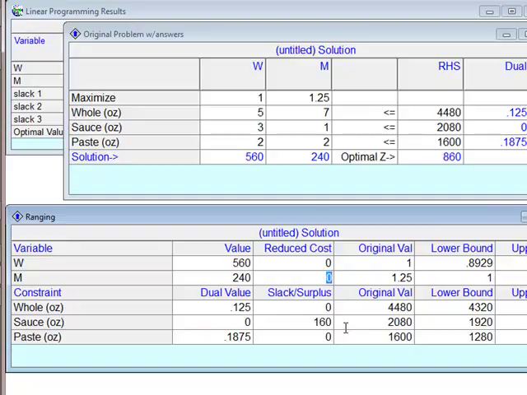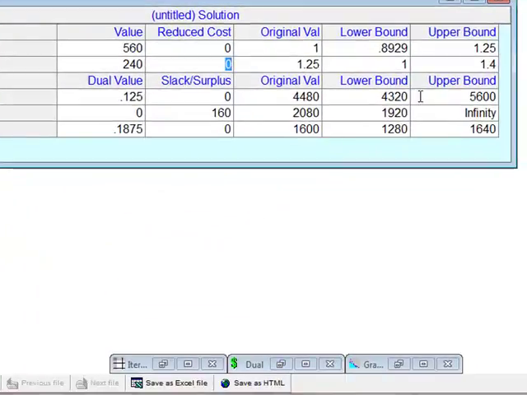In the next video, I will show you a problem where the reduced cost is not 0 because the value for the variable is 0. I hope you found this helpful.